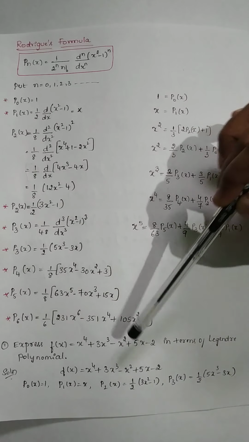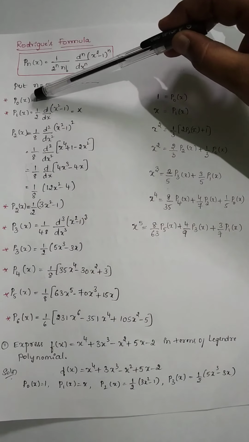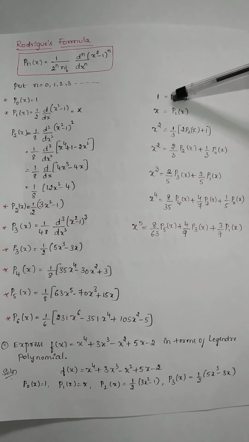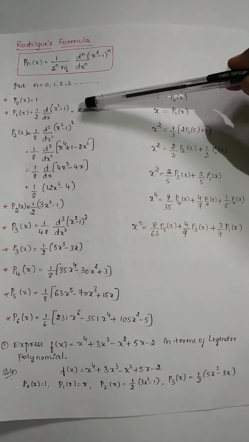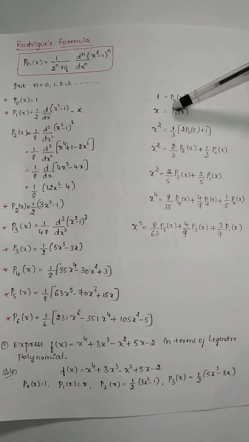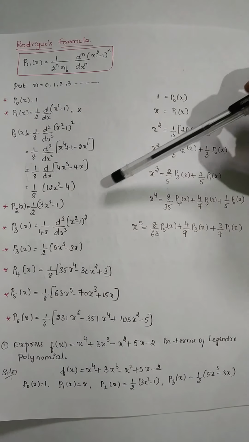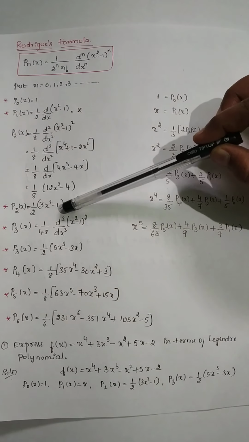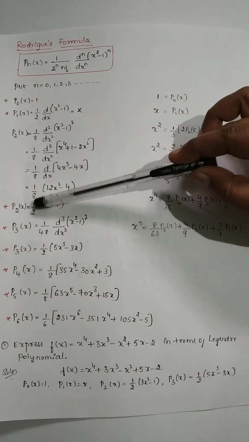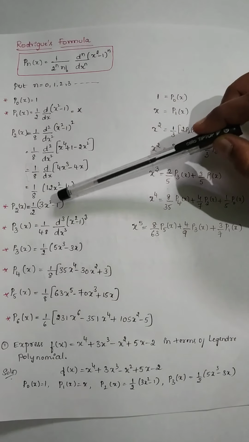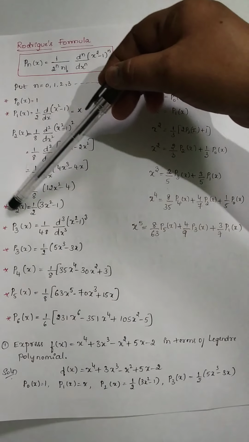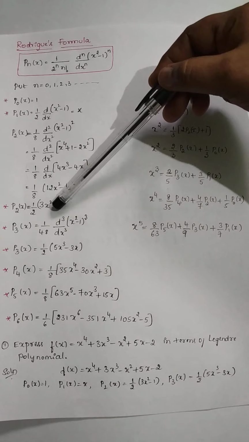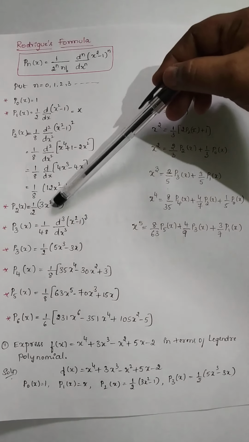Now 1 is to be written as P naught of x. The second result we got, P1 of x is equal to x, we write as x is equal to P1 of x. In P2 of x, P2 of x is equal to 1 by 2 into 3x square minus 1, here you need to solve for x square. First you cross multiply the 2, then shift the minus 1 to the left hand side.